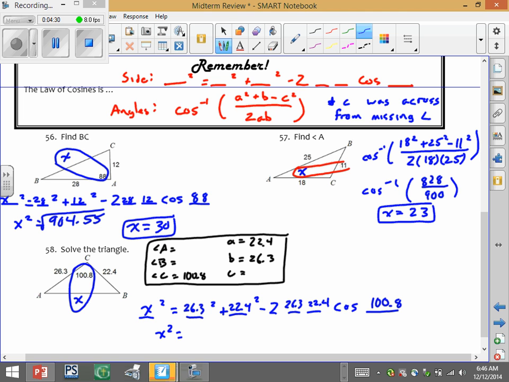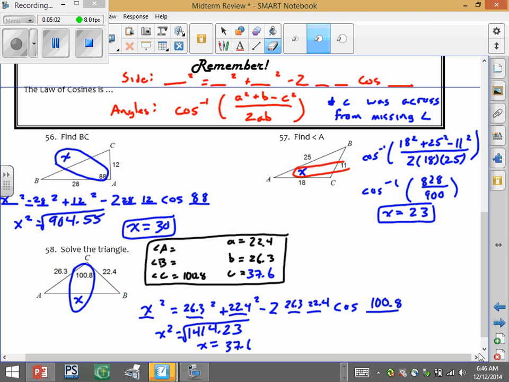Plug that into the calculator: 26.3 squared plus 22.4 squared minus 2 times 26.3 times 22.4 times the cosine of 100.8 is 14.23. Remember, take the square root of that. So x equals 37.6.